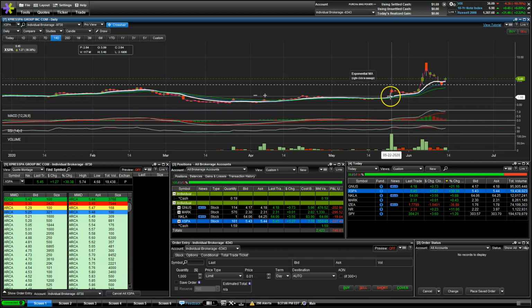But you can also compare them on a long-term chart to see what is actually happening to the stock.